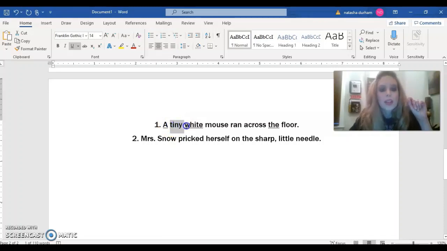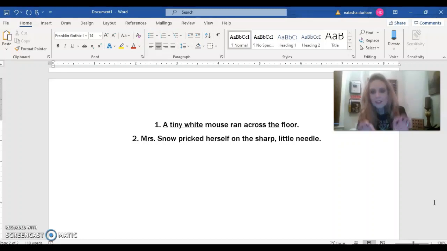Tiny. Oh, okay. So tiny and white describe mouse. So those are both adjectives describing mouse. So in that sentence, we should have a, tiny, white, and the. Because a and the are the articles. Tiny and white describe mouse.